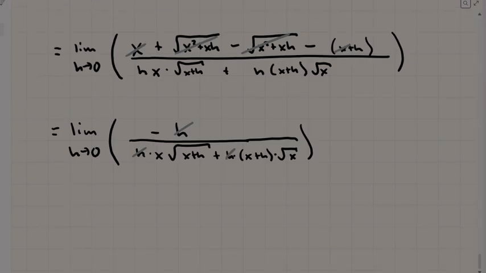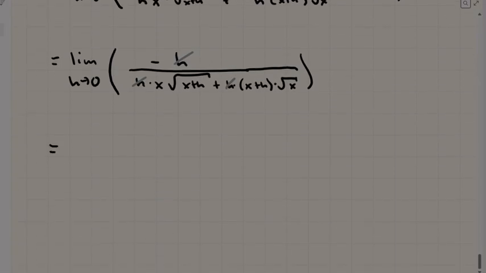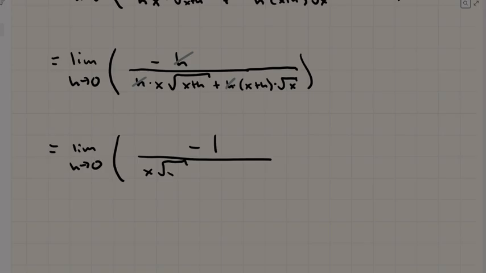I think we're good to go ahead and evaluate this now. So now the limit as h approaches 0 of numerator becomes negative 1, x square root x plus h plus x plus h times square root of x.